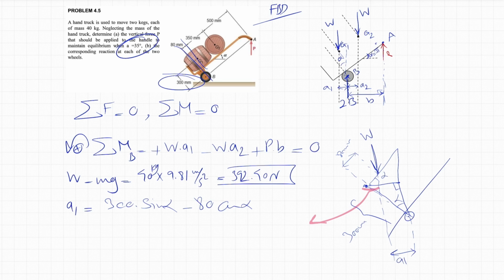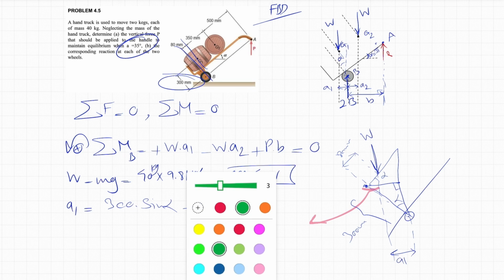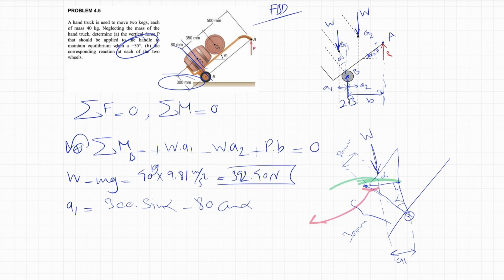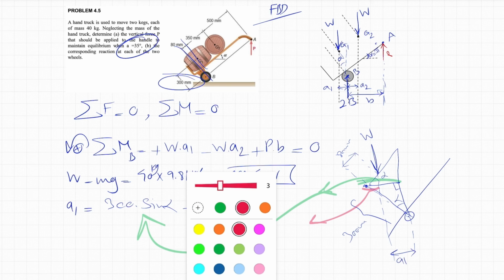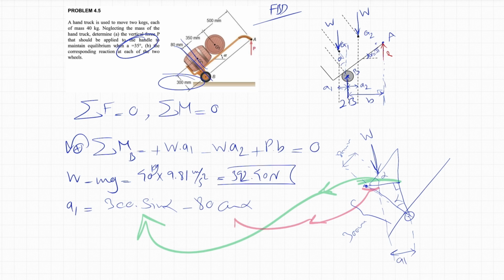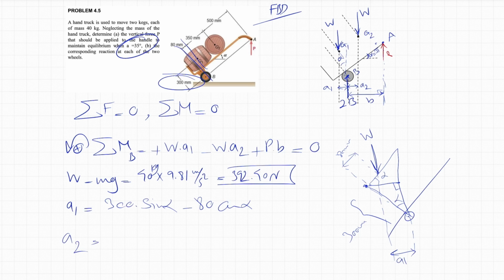So we are simply subtracting the red part, which we found in here, from the green part, which is what we have in here. If we subtract these two, we can find what we're interested in, which is A1. So this is how we find A1.